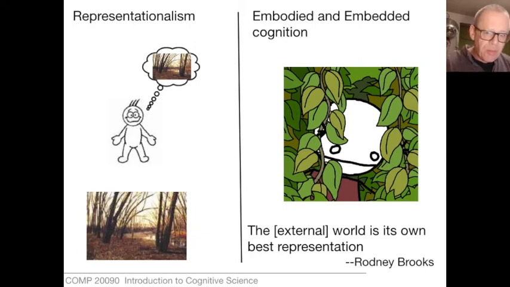And Rodney Brooks's observation is that he didn't need to represent the world because the world was there. It's its own best representation. It is quite clever. Movies are a good way to explore this, and one of the extremes to which one can take representational stories was turned into a thought experiment by a philosopher called Hilary Putnam, and it became known as the brain in a vat thought experiment.